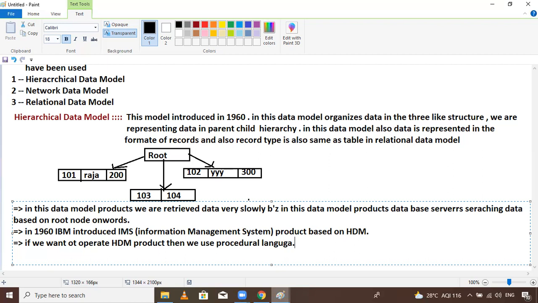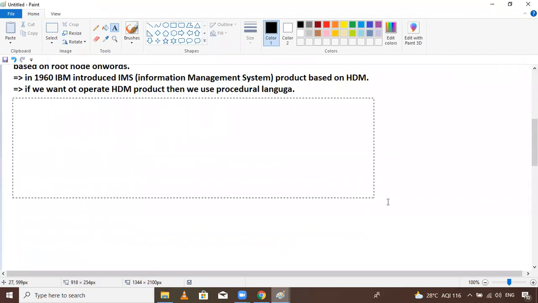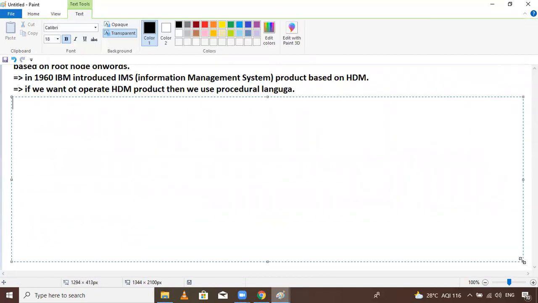The network data model supports many relationships.